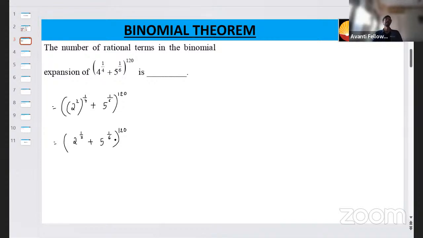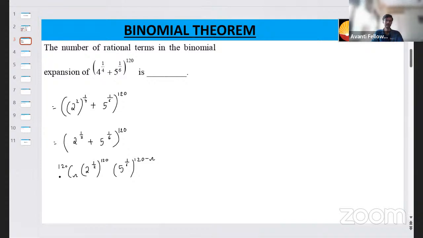Right? Let us write the general term. What is the general term? nCr x raised to the power r y raised to the power n minus r. What is n? 120 minus r. This is the general term.